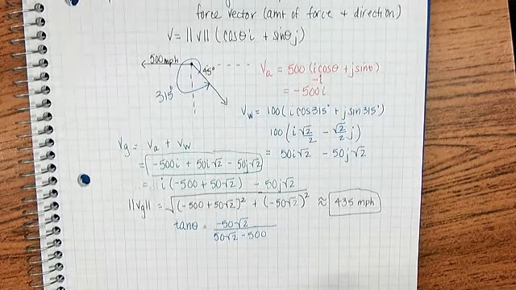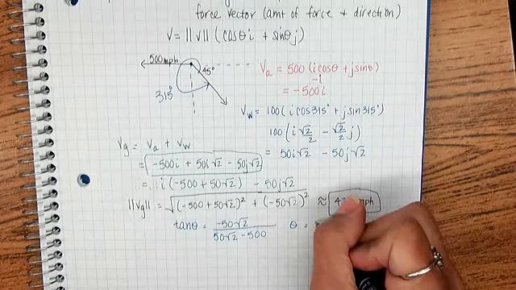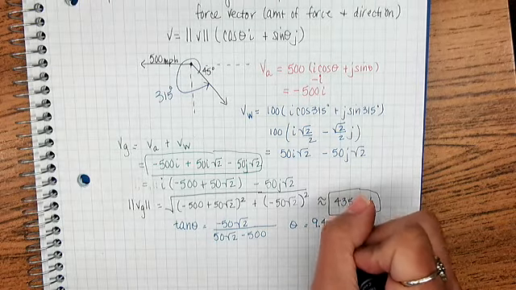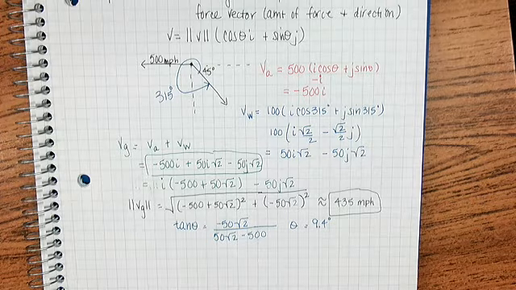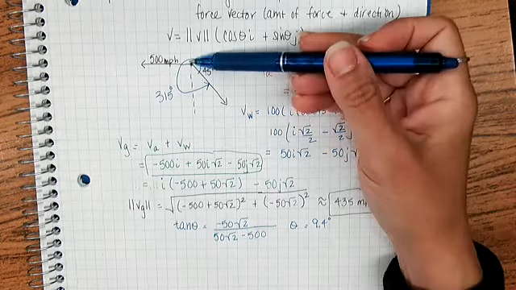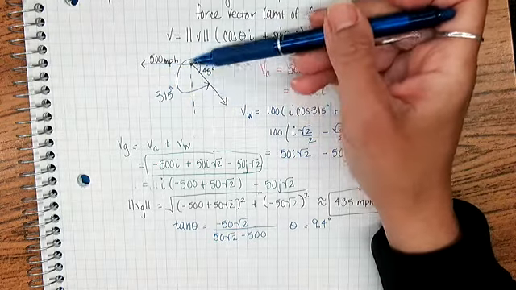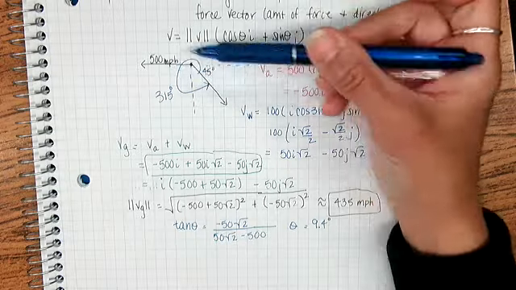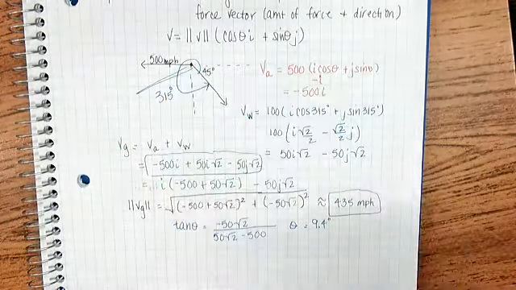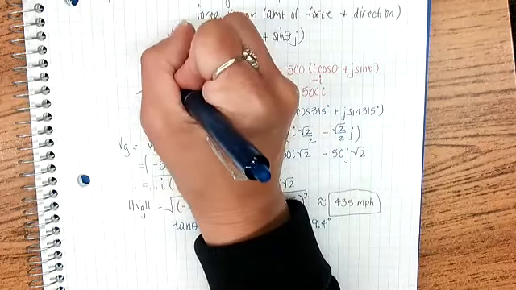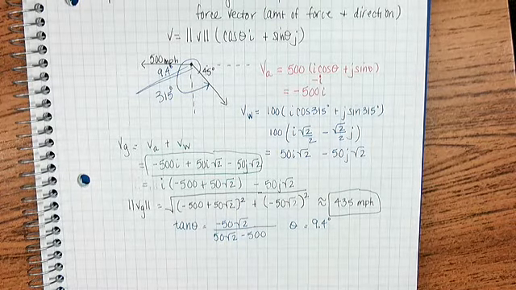All right, so plug into your calculator again. I did it ahead of time. Okay. So you're going west and then you're being pushed in a southeasterly direction. So this right here is 9.4 degrees. Okay.